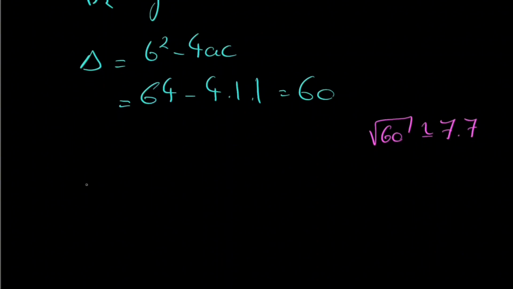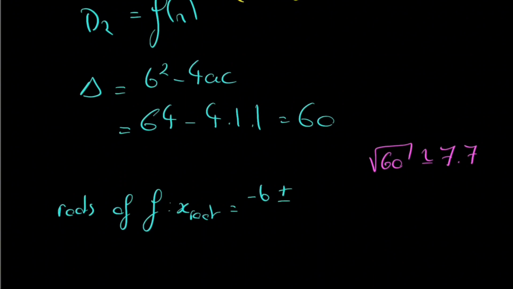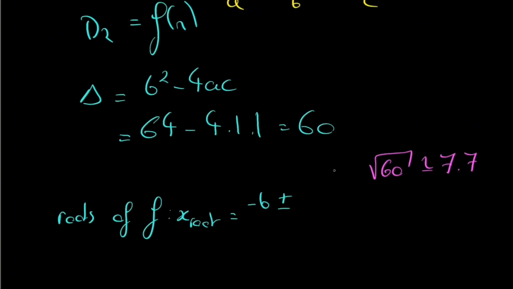So now we've got the roots of f. Let's call them x roots, equal to minus b plus or minus, because there are two roots, the square root of delta, over 2a.